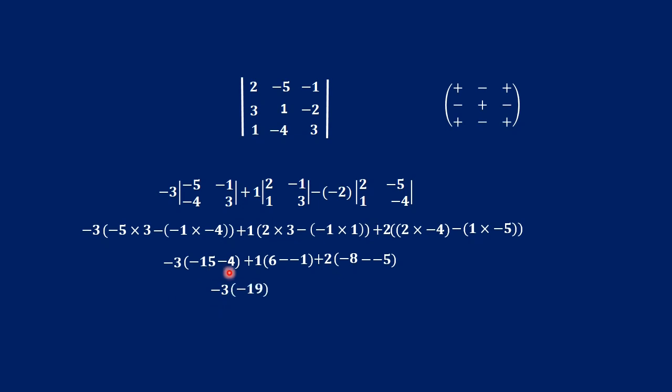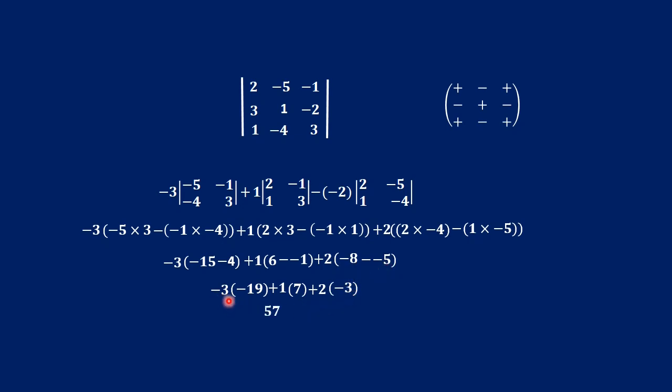-15 minus 4 is -19. And then 6 minus -1 is the same as 6 plus 1, which is 7. And then -8 minus -5 is the same as -8 plus 5, which is -3.